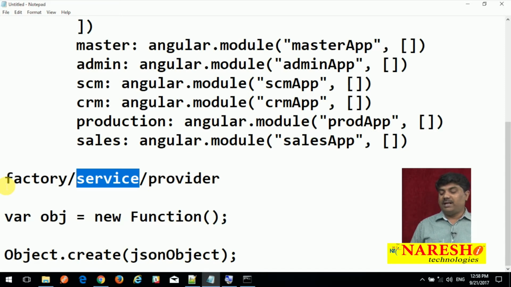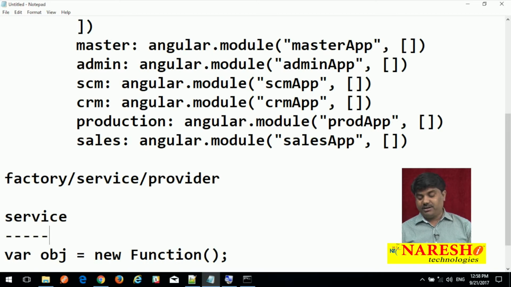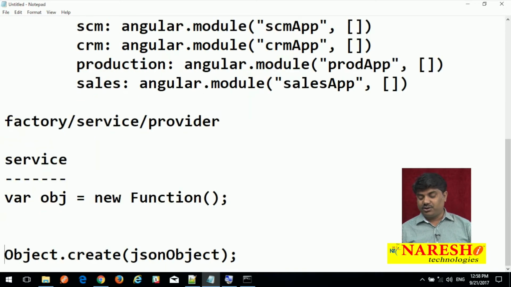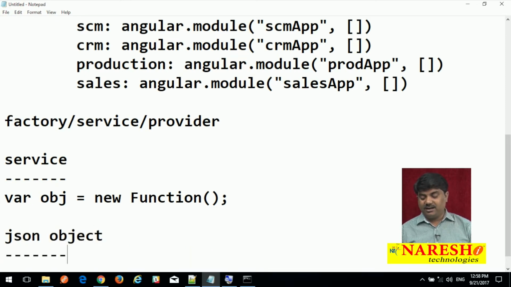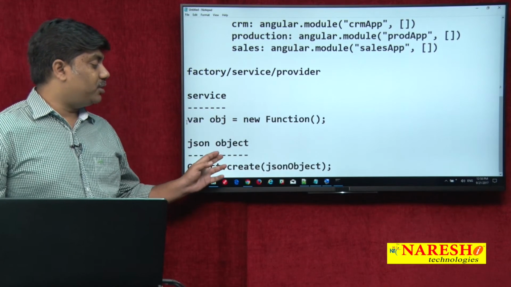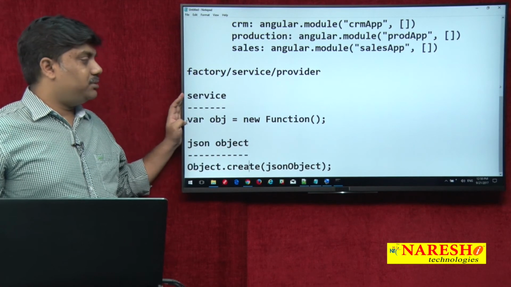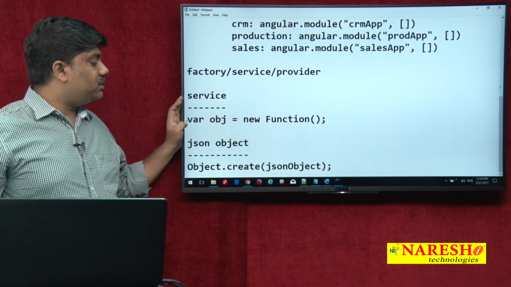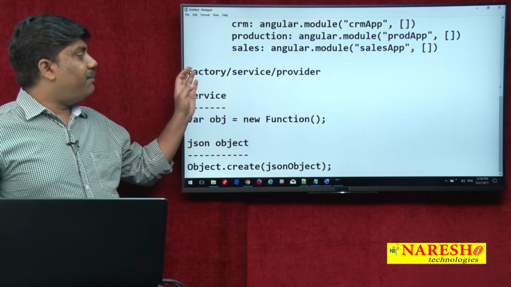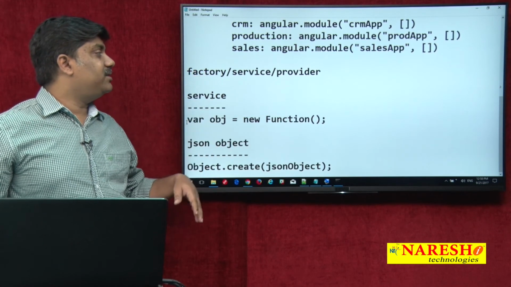The first option is service, which I am not interested in when it comes to AngularJS. The second option is a JSON object, which is very easy and very handy also. So my suggestion is go with the second option, the JSON object, which we can create using factory. You can use the service also, there is no problem, but compared to this, the second option is the easiest one. So I always suggest you use factory while creating AngularJS services.